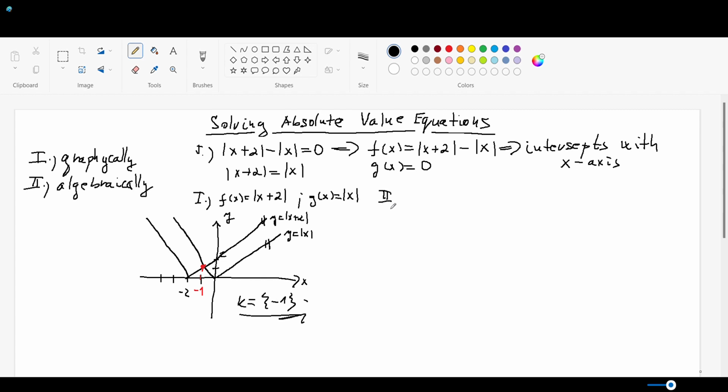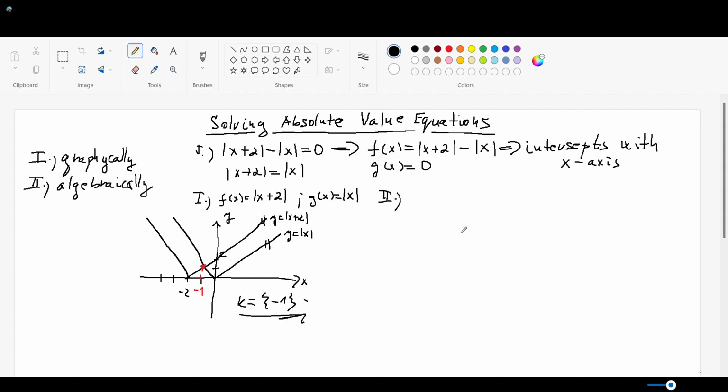Now, as we have the equation with two absolute values, you can still find the solution by doing the algebraic steps I did before in the previous example or in the previous video.